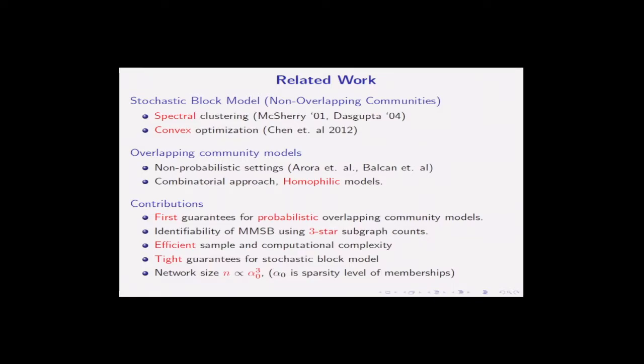So this is a moment-based approach. It looks at the moments of this graph. We have a random graph here because we are assuming a probabilistic model for graph generation. And given moments of this graph, in fact the specific 3-star subgraph count, we can identify the communities and we can identify the model. So this is the nice thing.